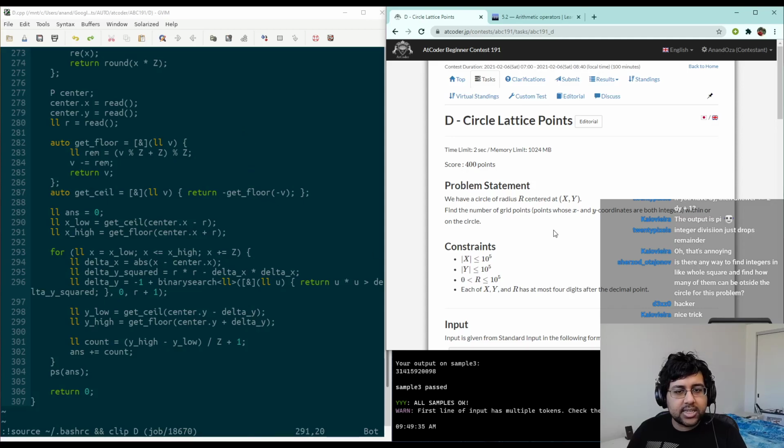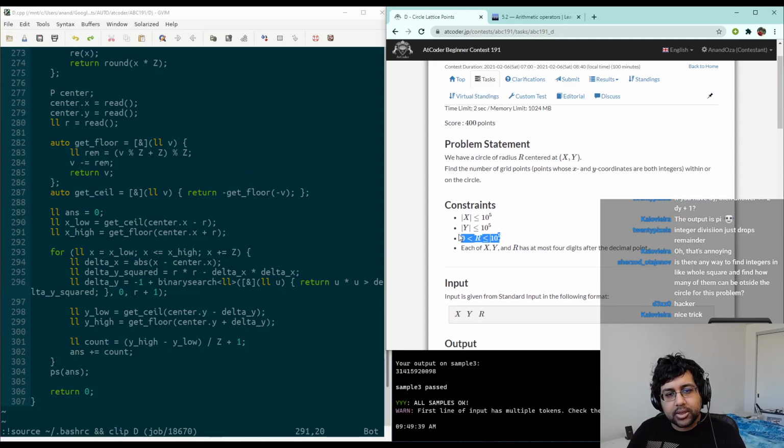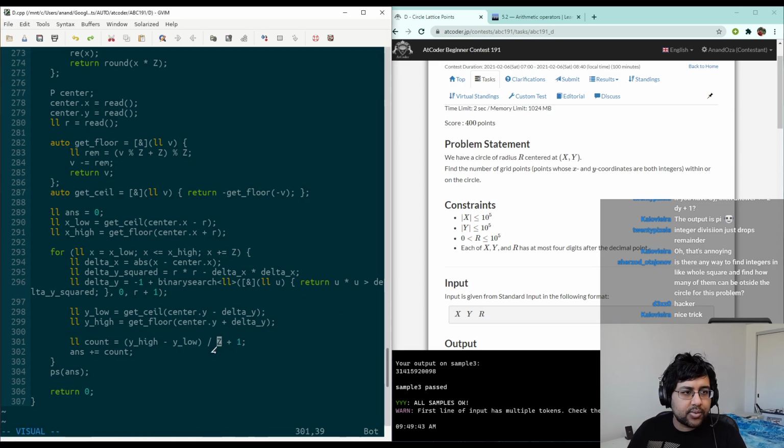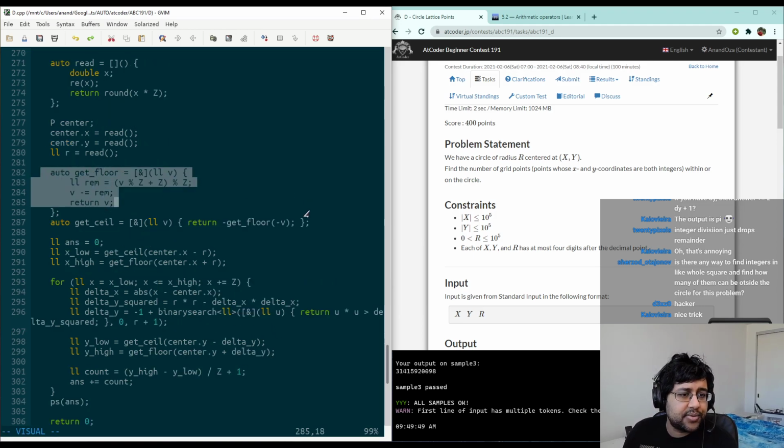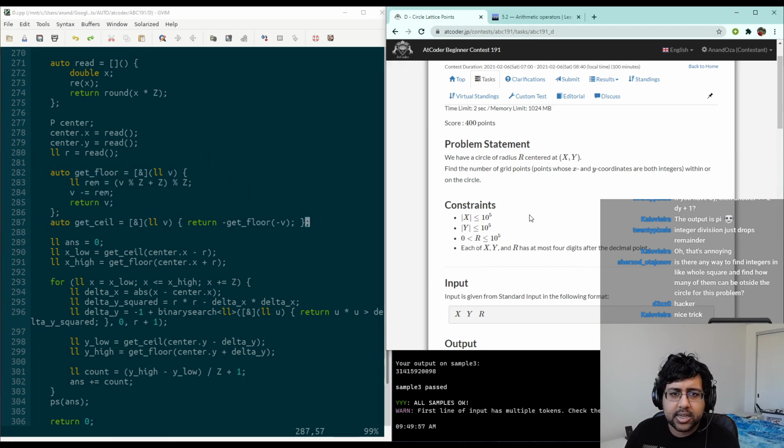So this is kind of analogous to, in this problem, we wanted to find integers, so we multiply everything by 10 to the 4th, and then we found things that are multiples of 10 to the 4th. Here, z is 10 to the 4th. Cool. I should probably add this floor division and ceiling division to my snippets or something, because it seems like a pretty easy mistake to make.